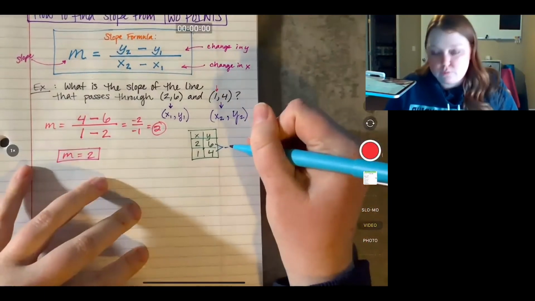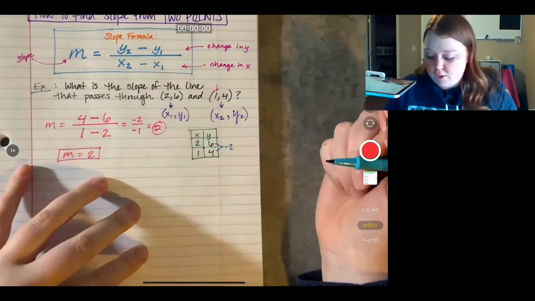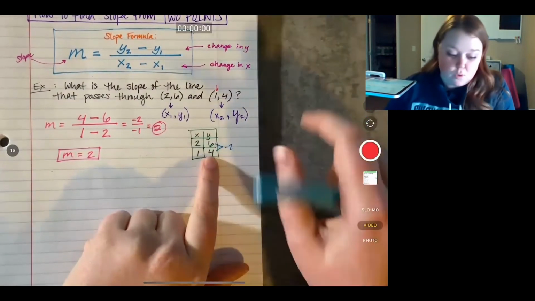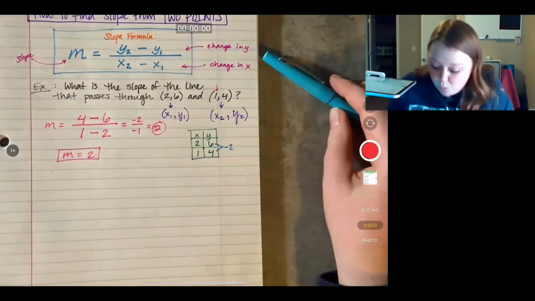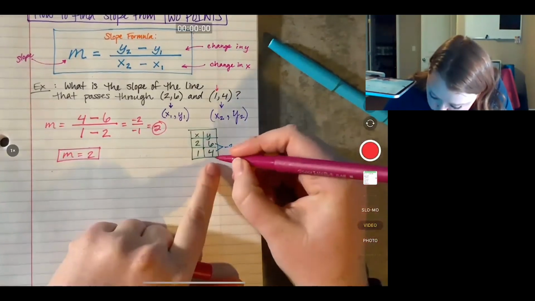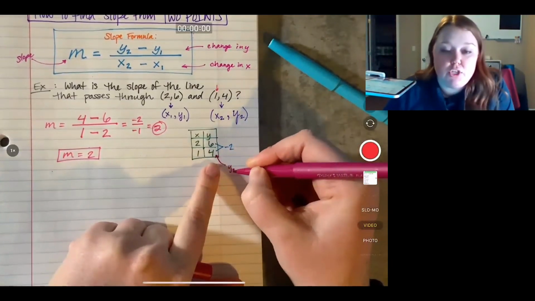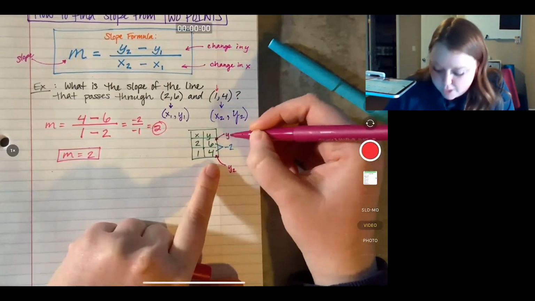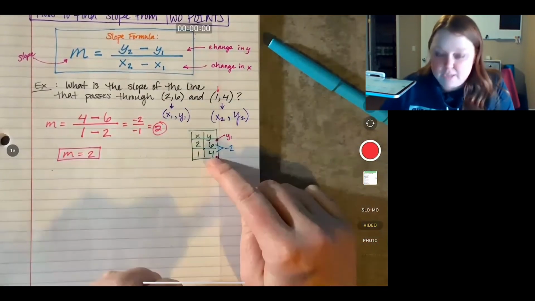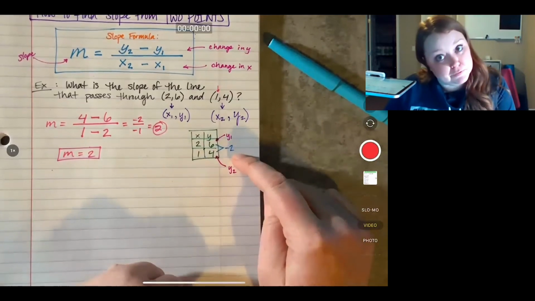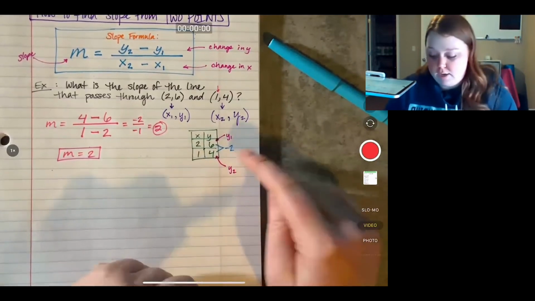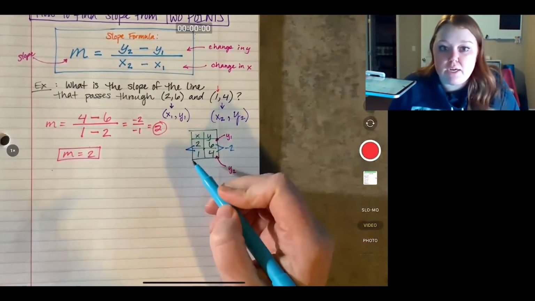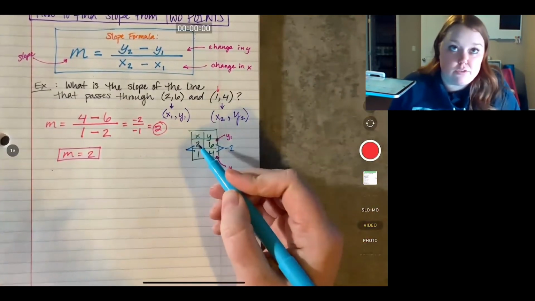It subtracted 2. Right? Well, another way you could have got negative 2 is you could have took your second y value, that's your y sub 2, and subtracted your first y value, because 4 minus 6 is negative 2. Okay? When you go to find your change in x, from 2 to 1, I just think about how does 2 become 1?